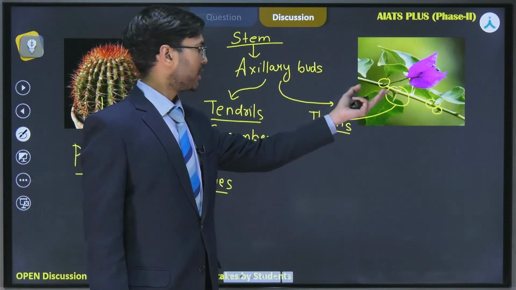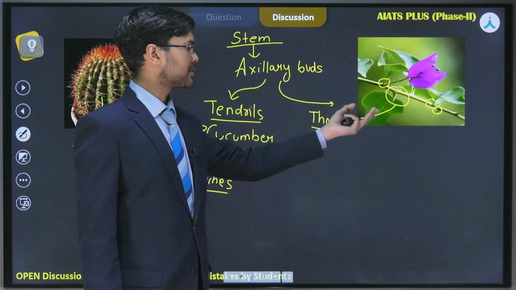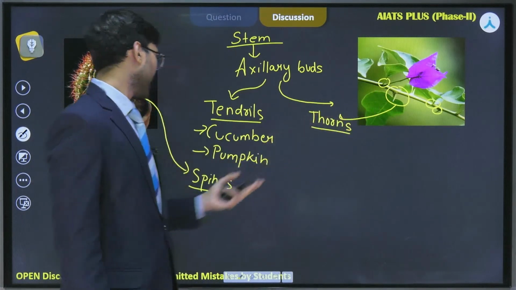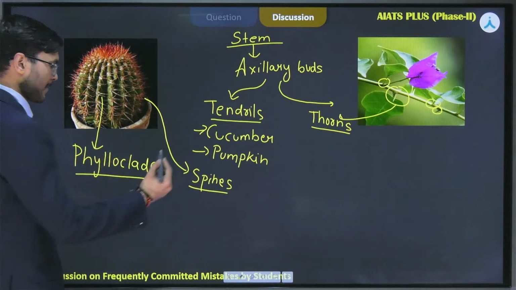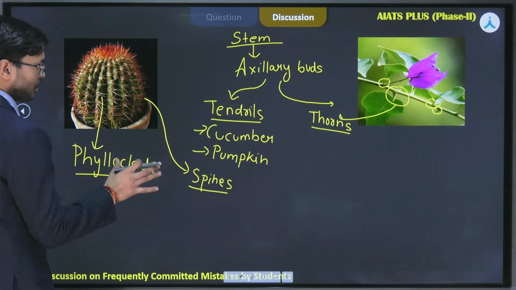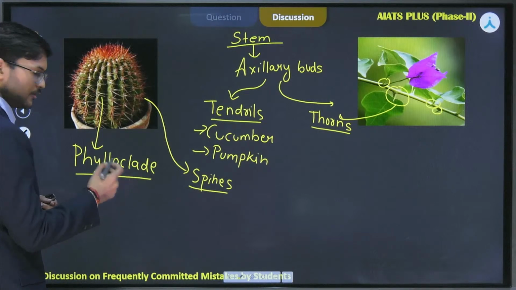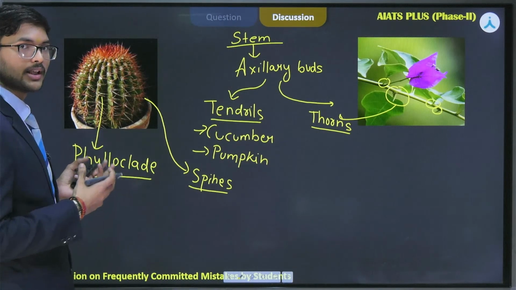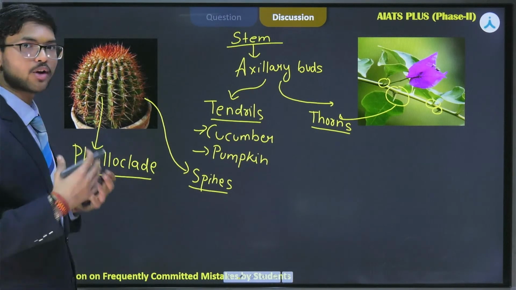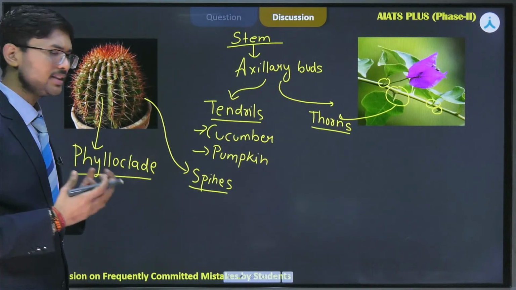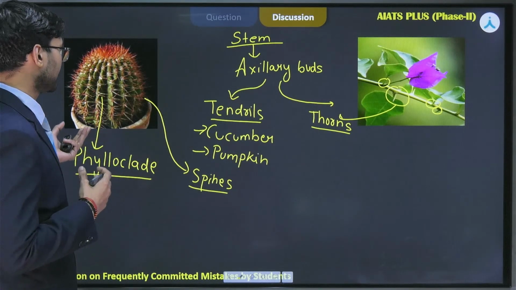In case of bougainvillea and citrus, you will find these structures are woody, while spines are not so. Okay. While the function of leaves is carried out by the phylloclade, which is a stem. The stem modifies itself to perform the process of photosynthesis. Now, why do they need this kind of modification?